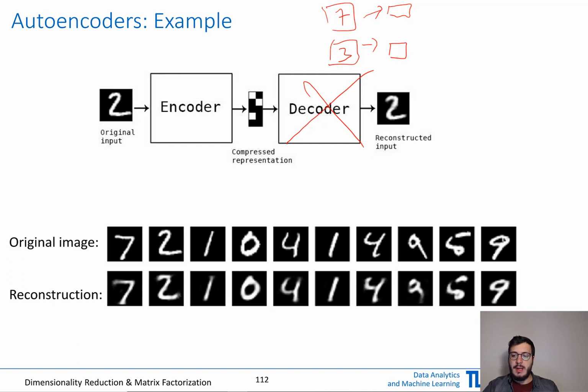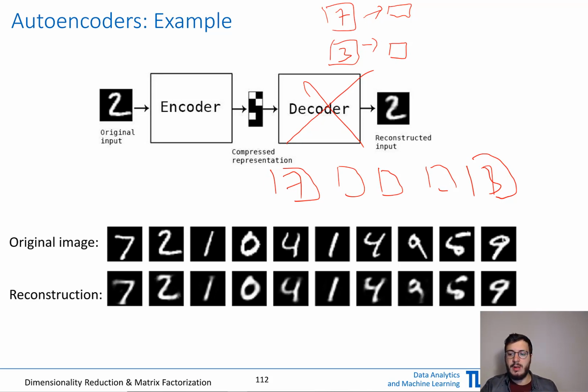Now you can interpolate, maybe linearly, between the first latent code and the second latent code, and pass all of these values through the decoder. What's going to happen is you're going to get a smooth interpolation from the 7 to 3. You're going to get a set of reconstructed images where the original image slowly morphs into the second original image. And this can be very useful, especially in some computer vision applications.